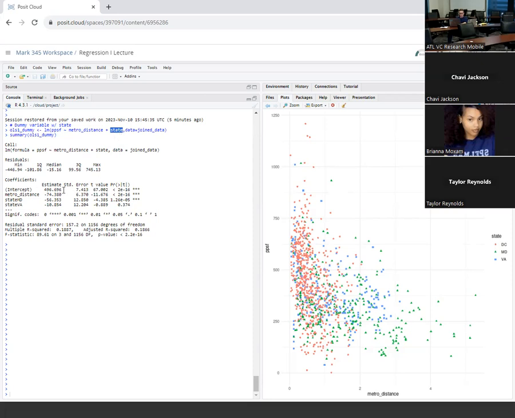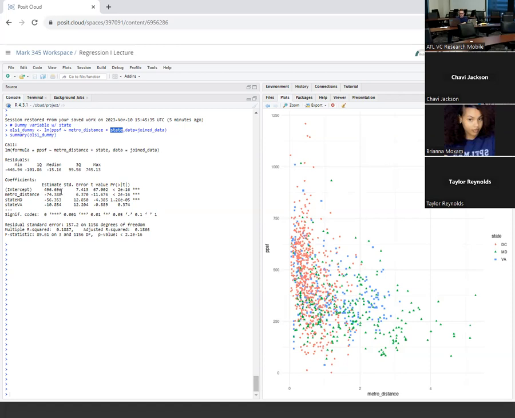So this intercept is for the DC area. So on average, the price per square feet of a property in the DC area that's sitting right next door to the metro would be $496 per square feet.